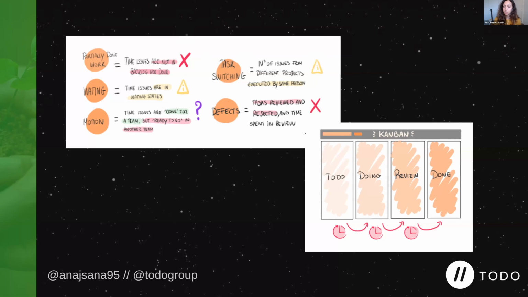In terms of task switching, maybe we can translate that into the number of issues from different projects that are executed by the same person. In terms of motion, it can be types of issues that are done for one team but are ready to go to another team. And finally, defects can be tasks reviewed and rejected, and time spent in review.